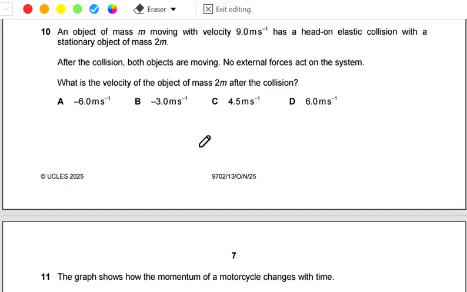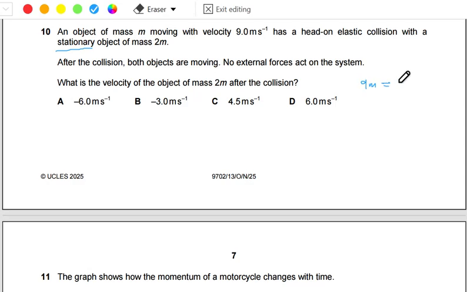Okay, so here we have momentum conserved. So momentum before is 9 times the mass m, and for the 2m it was stationary, so 0. So this is the only momentum existed before collision.